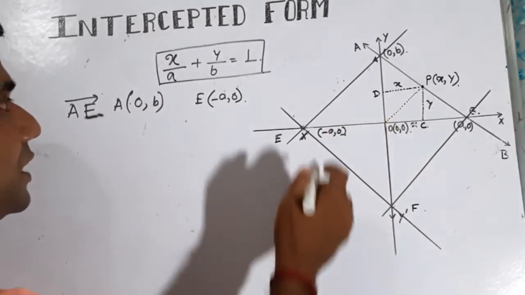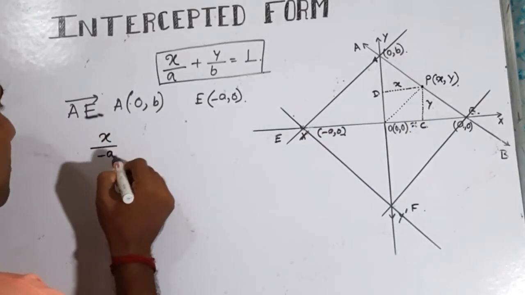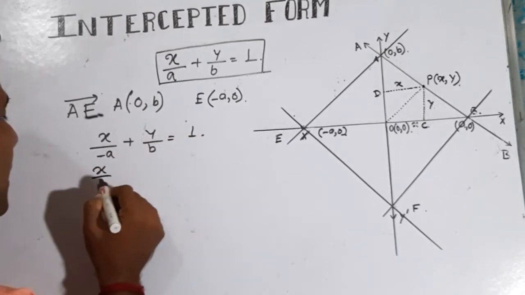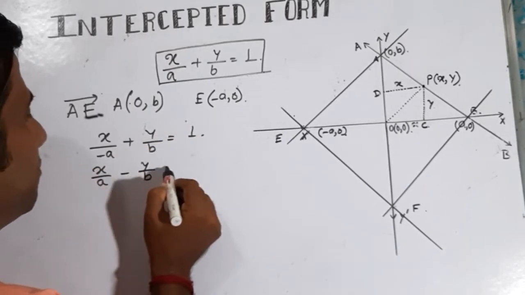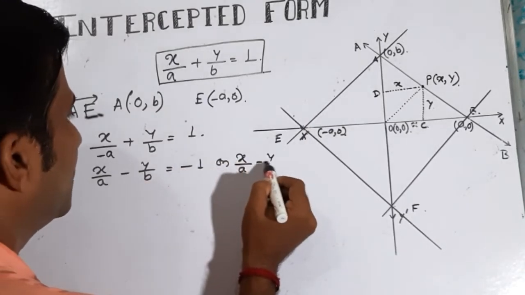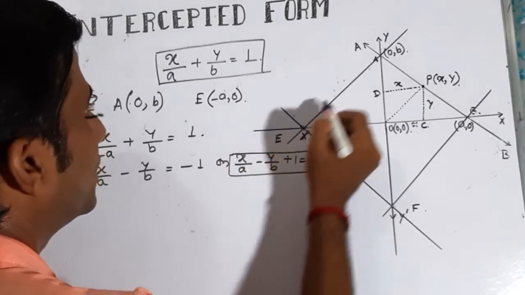Then the equation of the straight line AE is x/(-a) + y/b = 1. That means x/a - y/b = -1, or x/a - y/b + 1 = 0. This is the equation of AE.